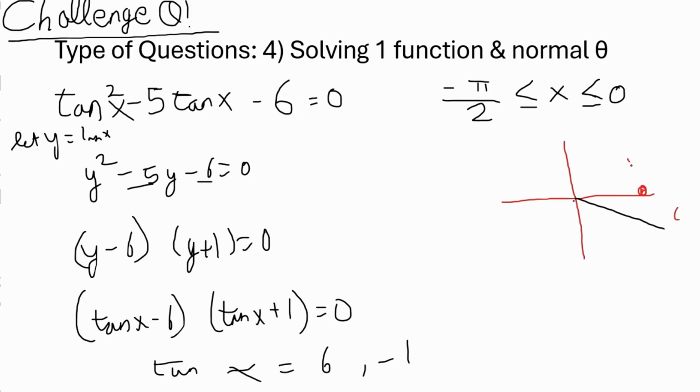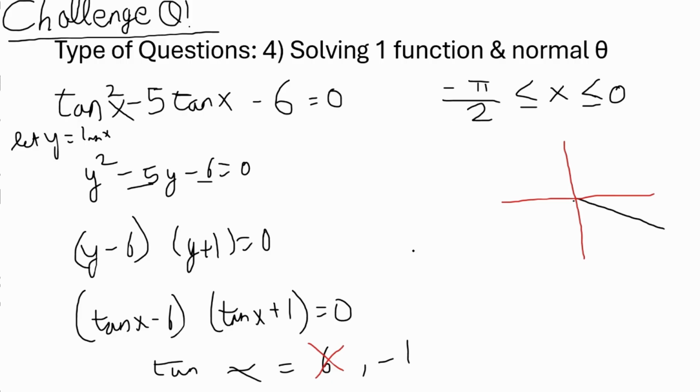You can see that in this quadrant, tan has to be negative. So 6 cannot be one of our answers. Okay, so now that we've ruled that off, our other problem is this negative 1 and the negative pi over 2.